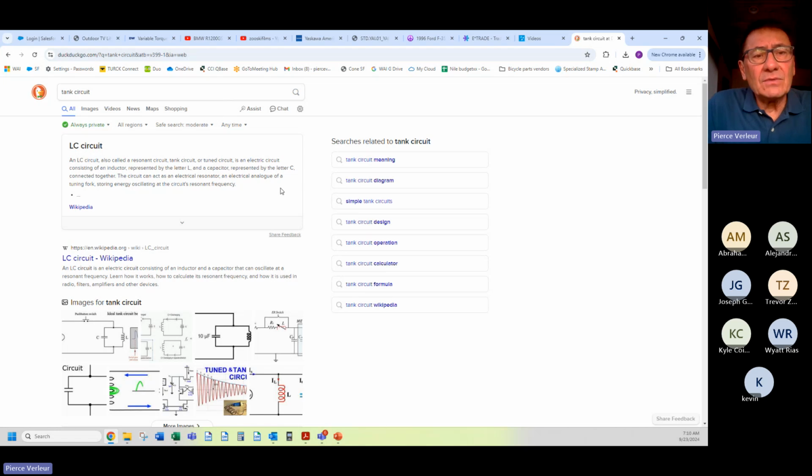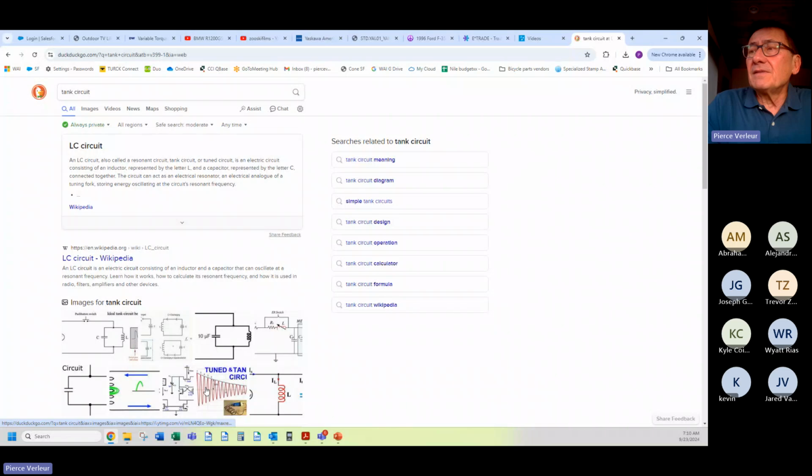Depending on those values, by the way, the inductance of the cable depends on the length of the cable, as does the capacitance to a certain extent, but more so the inductance. So you can set up certain resonances in this circuit, sometimes bad resonances, as I'll show you in a minute.